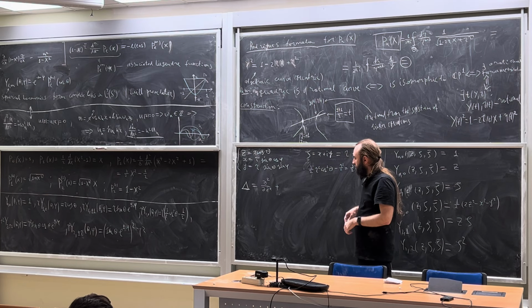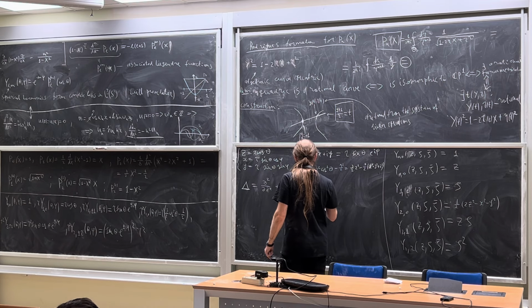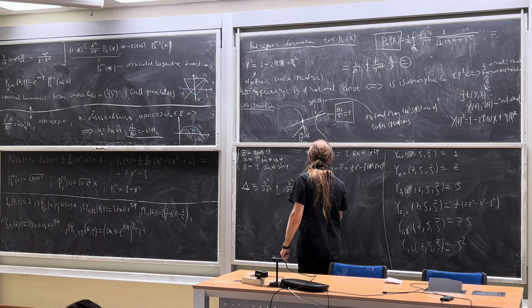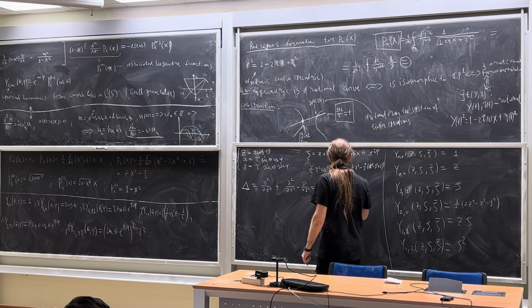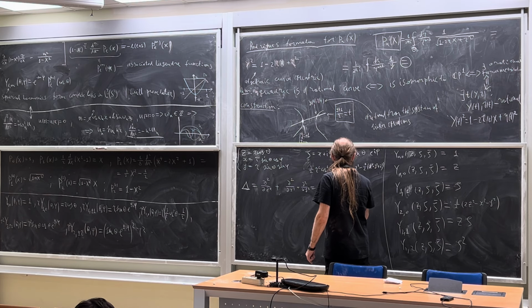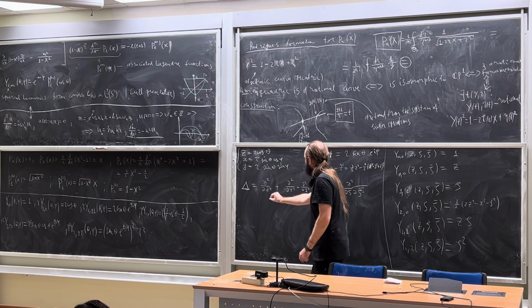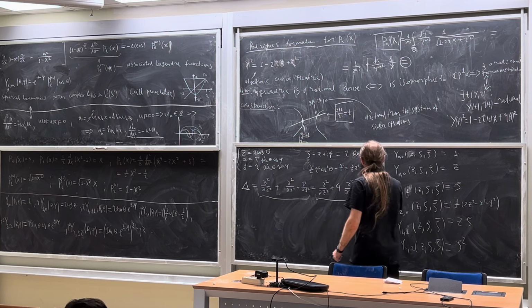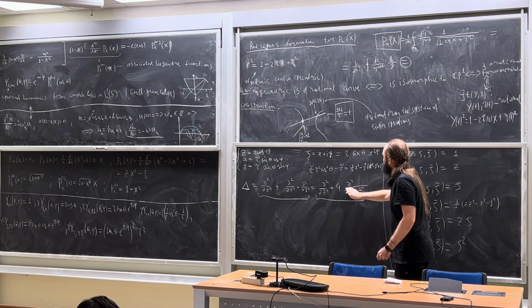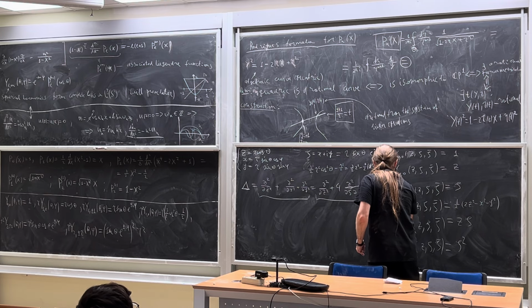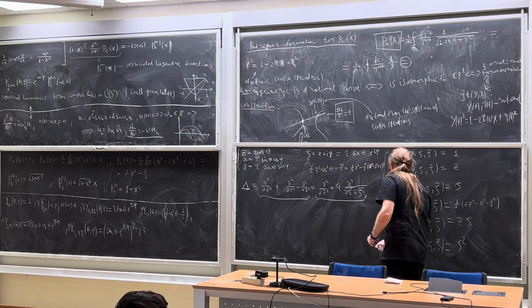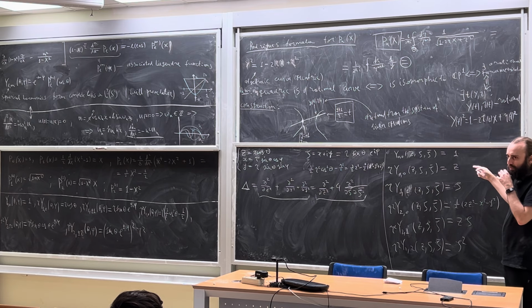It equals d squared over dx squared plus d squared over dy squared, but it can also be written using the zeta variable as 4 d squared over d zeta d zeta bar. Oh, sorry, I forgot this factor of r squared. Was it obvious that this operator kills all these expressions?